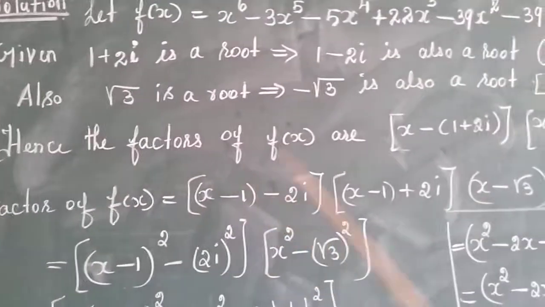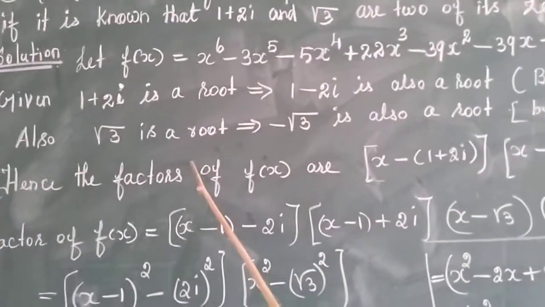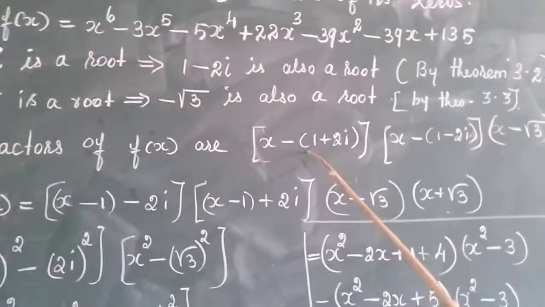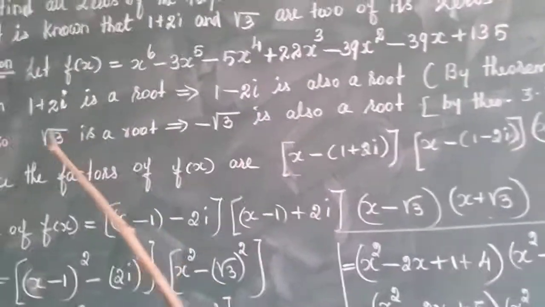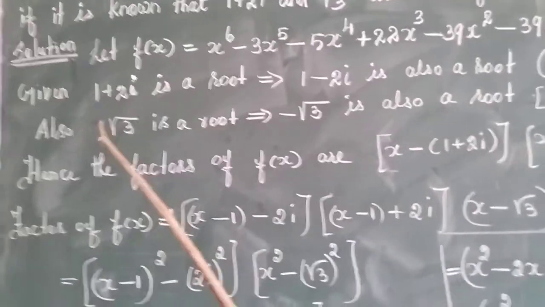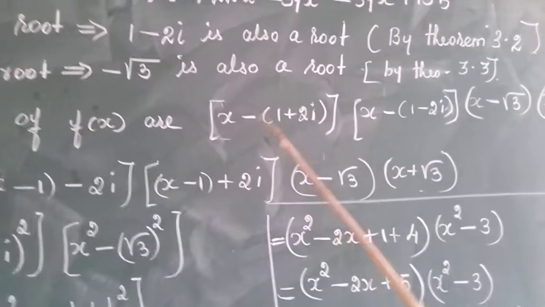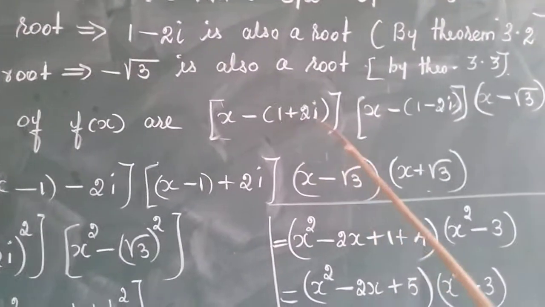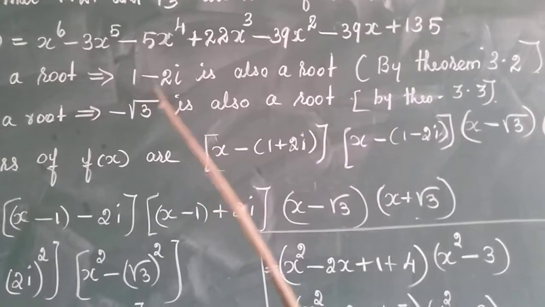Hence the factors of f of x, we are writing by using these 4 values. How to write them as factors: x equal to 1 plus 2i, you bring to the left hand side, it will come as a minus, so x minus of 1 plus 2i, into another root 1 minus 2i.